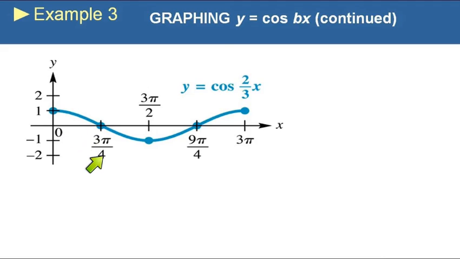Now I want to show you how to calculate these middle numbers on your tick marks. You don't always have to do this. Certainly you saw in the last graph we graphed it without actually doing this calculation, but I want to show you how they're getting these numbers in case on a multiple choice test you ever need to figure out these numbers. So the first one we will do is the middle one.